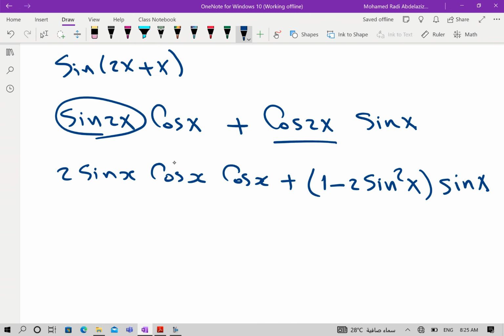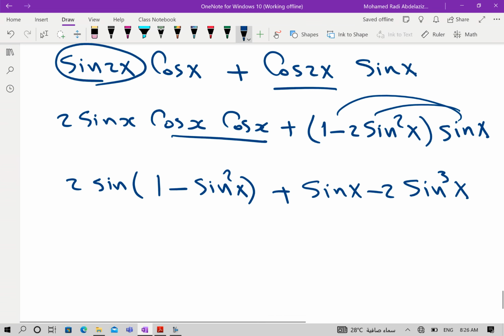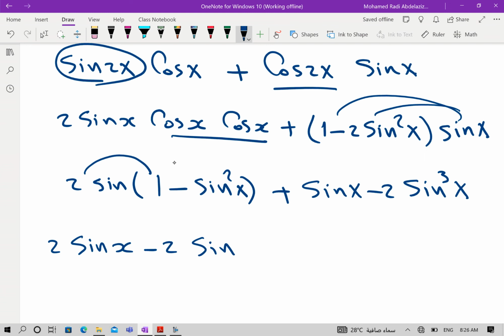Expand and simplify. 2 cosine times cosine is cosine squared. So remove it and write 1 minus sine squared x, plus expand: sine x minus 2 sine cube x. Simplify: 2 sine x minus 2 sine cube x plus sine x minus 2 sine cube x.